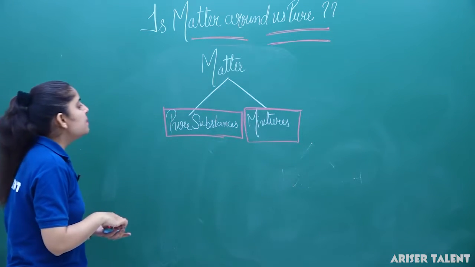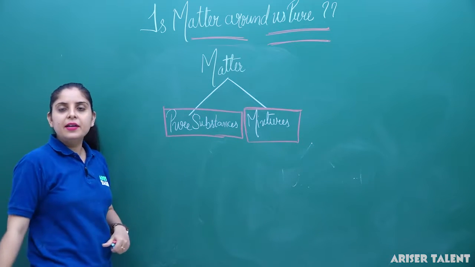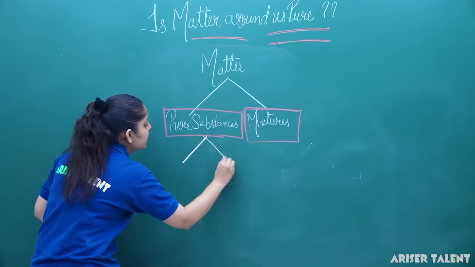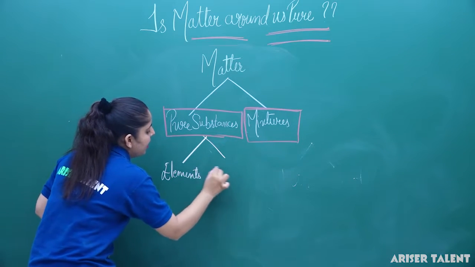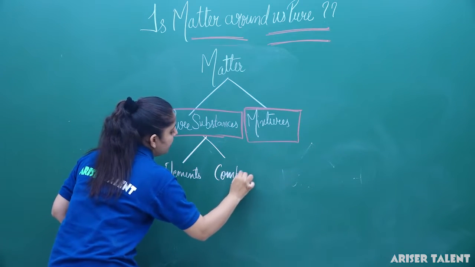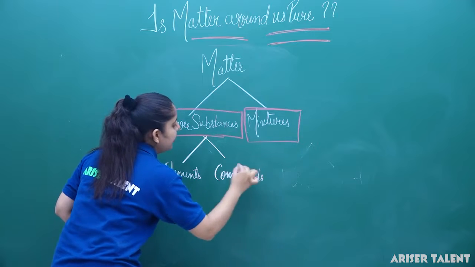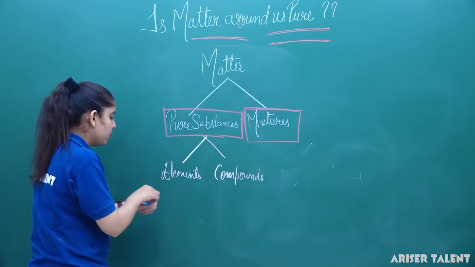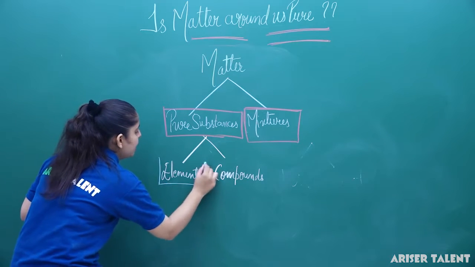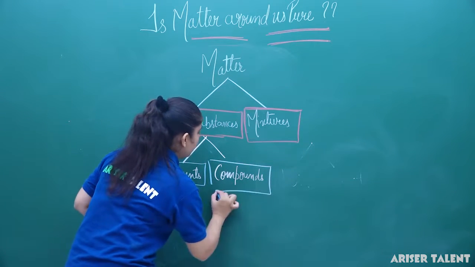Now pure substance is again classified into two categories, that is elements and compounds. Clear? It is again classified into two categories, elements and compounds. So this is element and this is the compound we have.